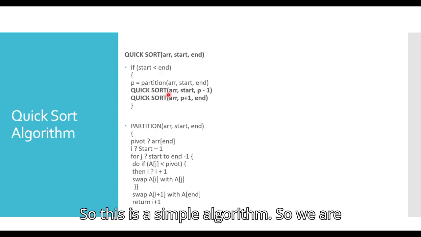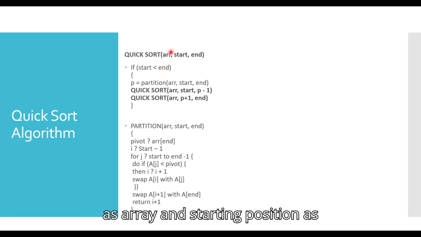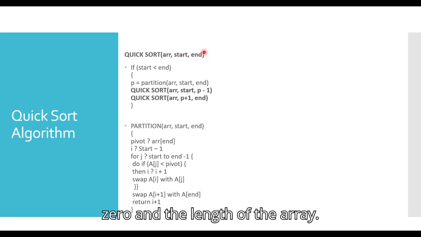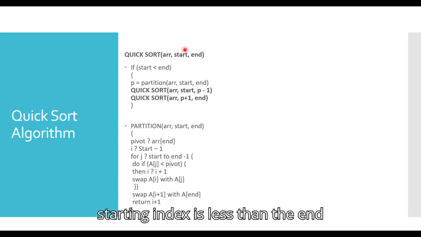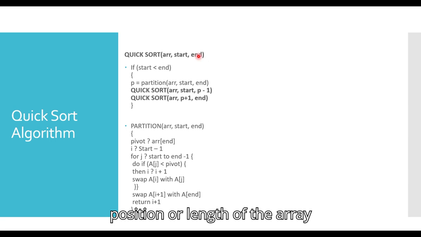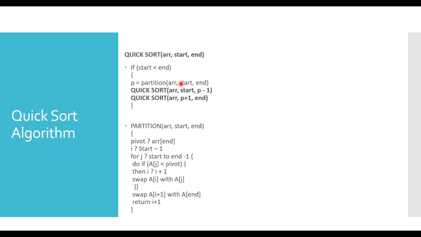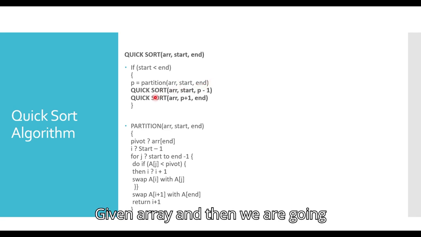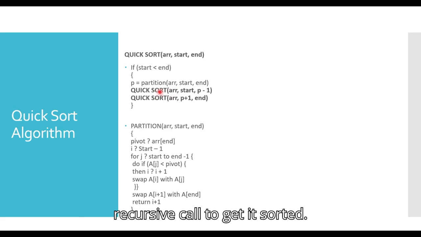So this is a simple algorithm. We take the array as input, with the starting position as 0 and the length of the array. When the starting index is less than the end position or length of the array, we partition the given array and then call quicksort recursively, on the array from the starting position to the pivot.